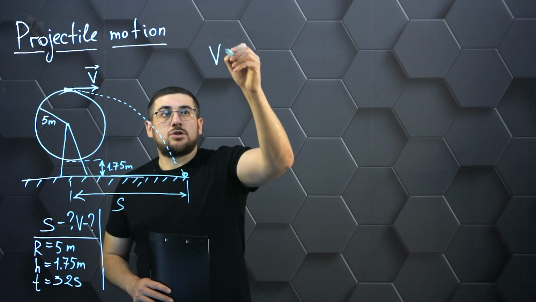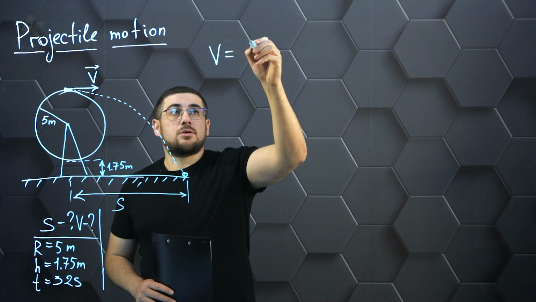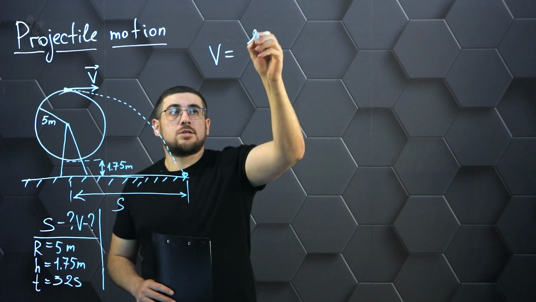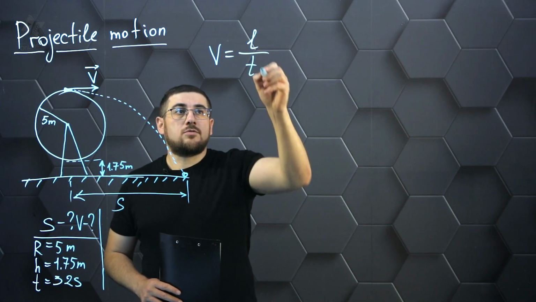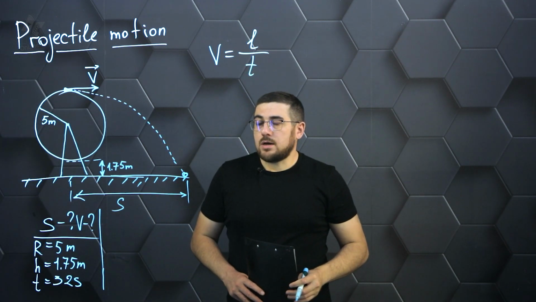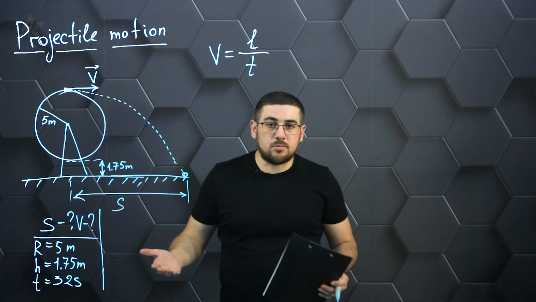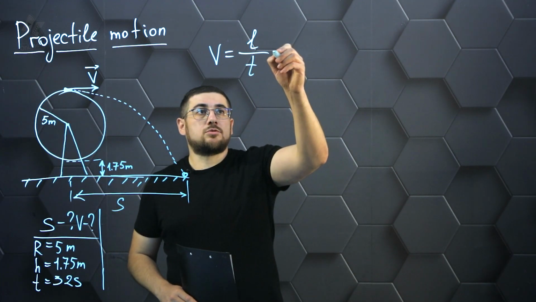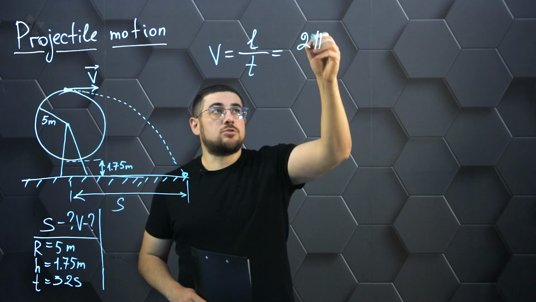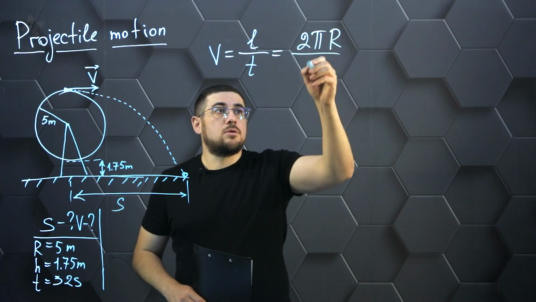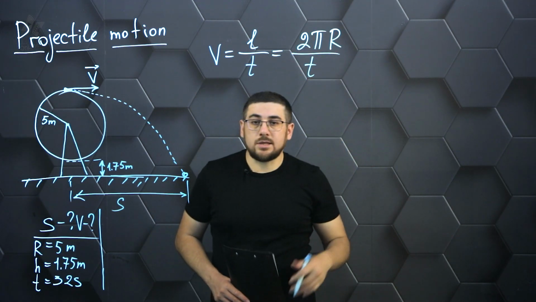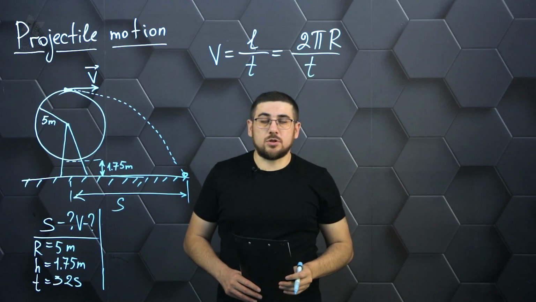Then the speed of a given motion will be determined by the ratio of the distance traveled, denoted by the letter L, to the time of this motion. What is the distance traveled by the passengers if the wheel makes one complete rotation? It is known that in this case it is nothing but the length of the circle, the length of the given trajectory, for the time equal to one full revolution.